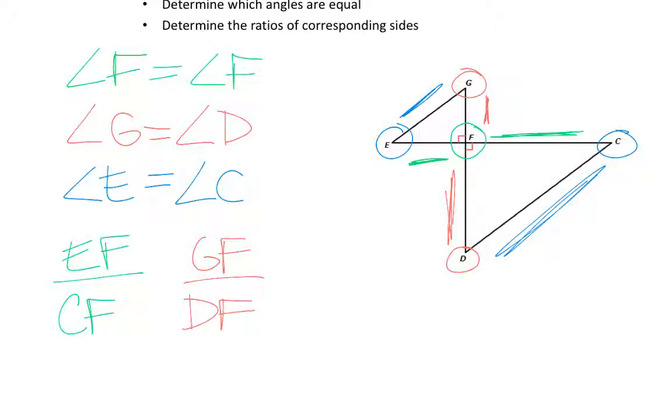And last but not least, I have side EG, and its corresponding side is CD. At this point, I'm going to add an equal sign in between these different ratios because in similar triangles, the ratios of corresponding sides are equal.